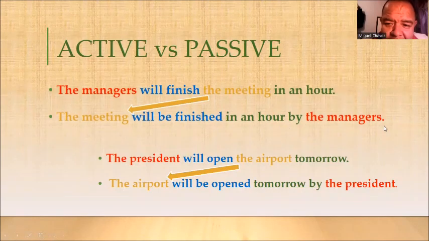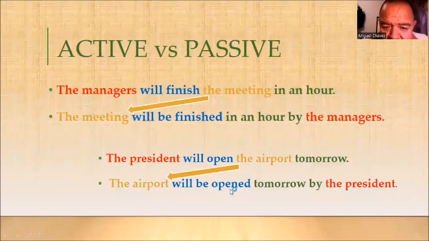In an hour by the managers. The president will open the airport tomorrow is an active voice sentence. To change it to passive, we use first the airport will be, then the past participle opened, tomorrow by the president.